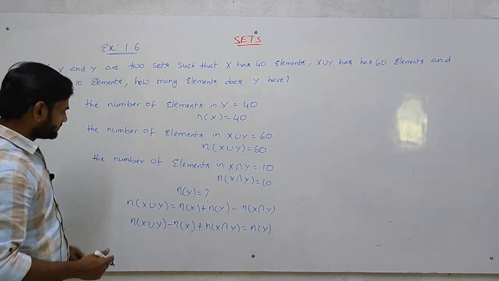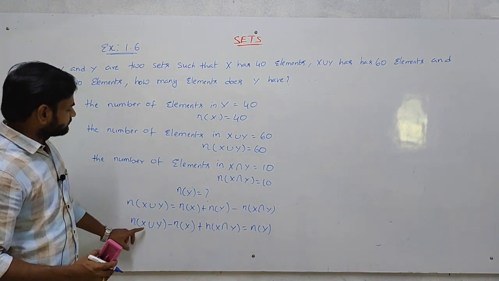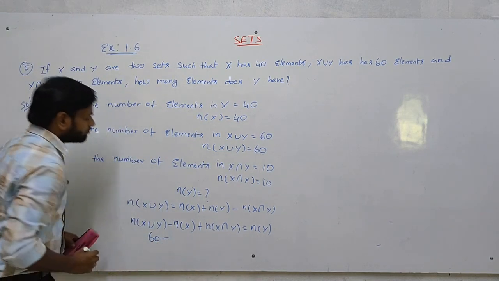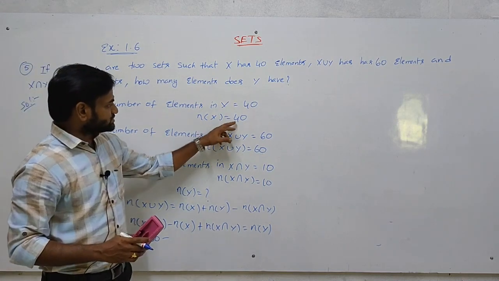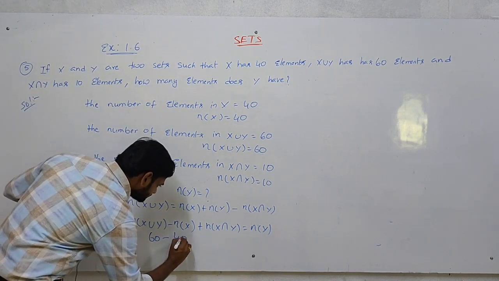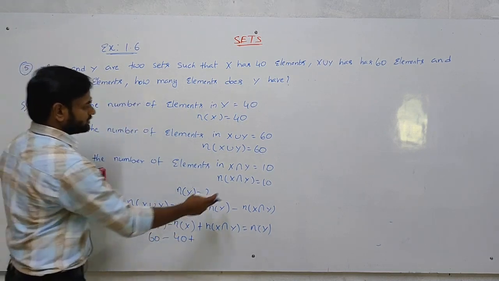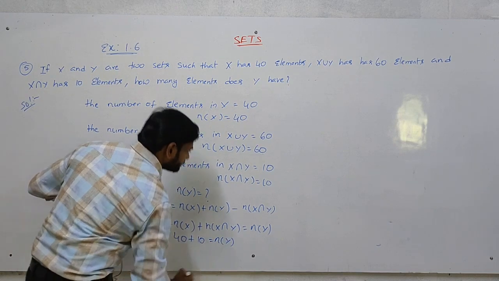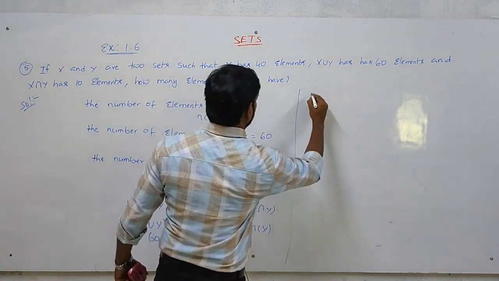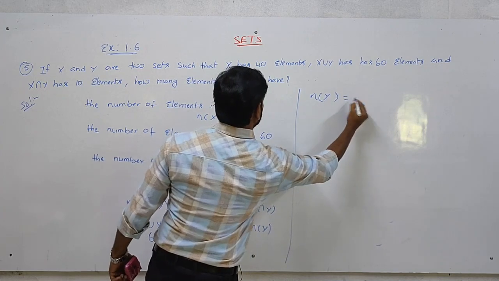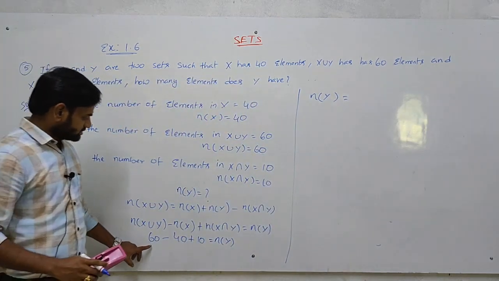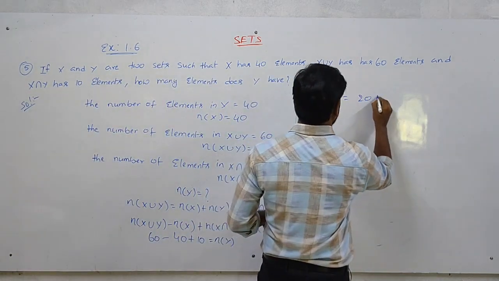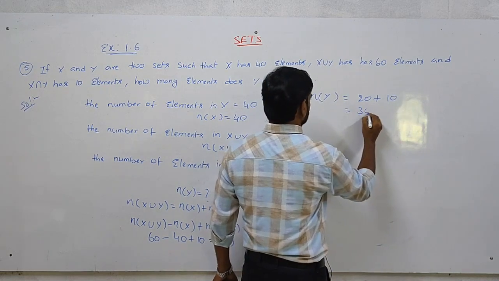So substitute the values here. N of X union Y, X union Y is how much? 60, minus n of X. N of X is 40, plus n of X intersection Y, that is 10, which is equal to n of Y. So n of Y is equal to, now see, 60 minus 40 is 20, plus 10, that is 30.